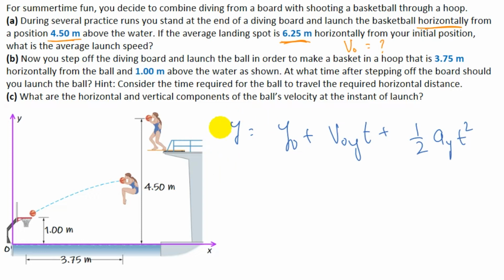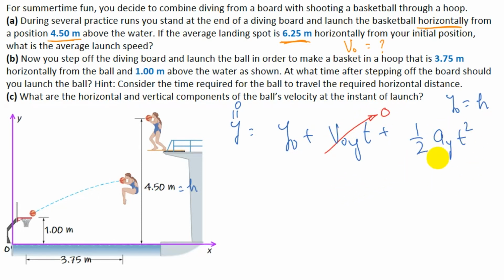Initially we know that the ball was at a height of 4.50 meters above the ground. So let this height be h. y0 is the initial position, so it will be h, and the final position becomes 0, so y will be equated to 0. Initially the ball was thrown horizontally, so there will be no component of velocity in the vertical direction, so v0y is also 0.